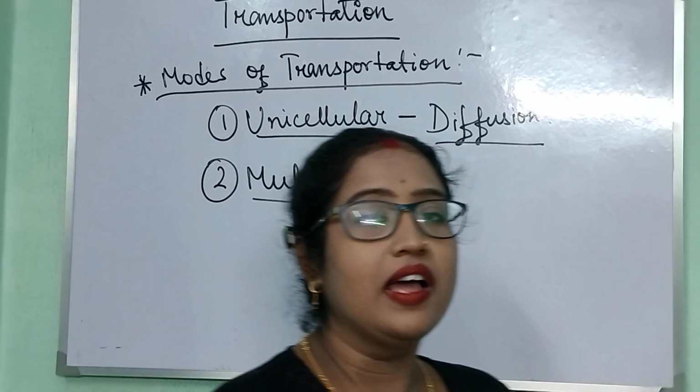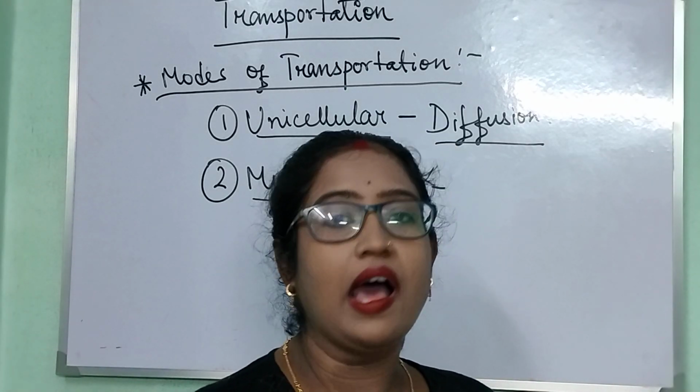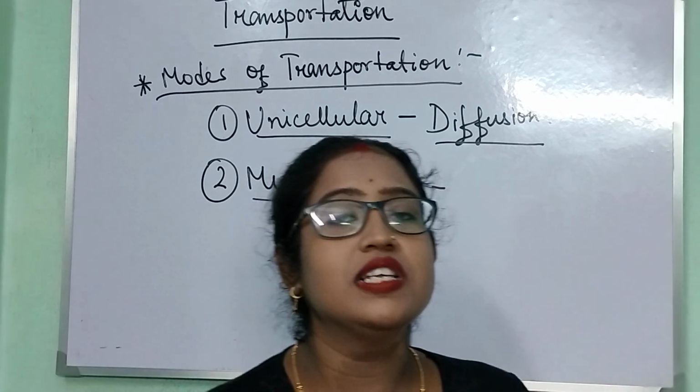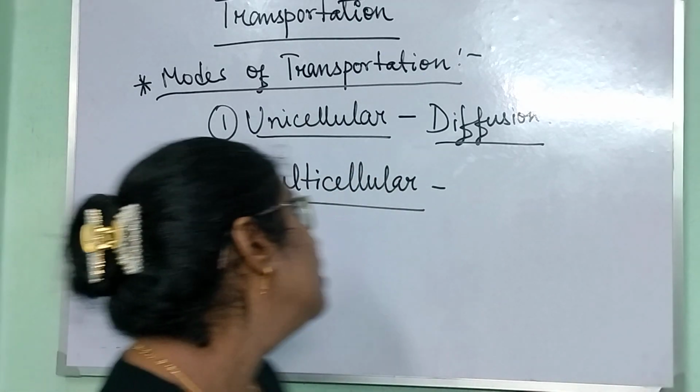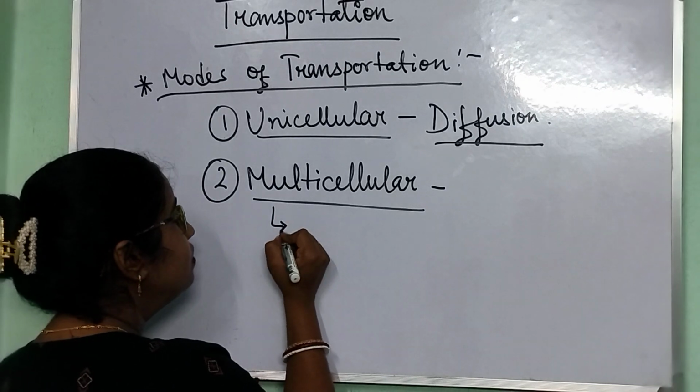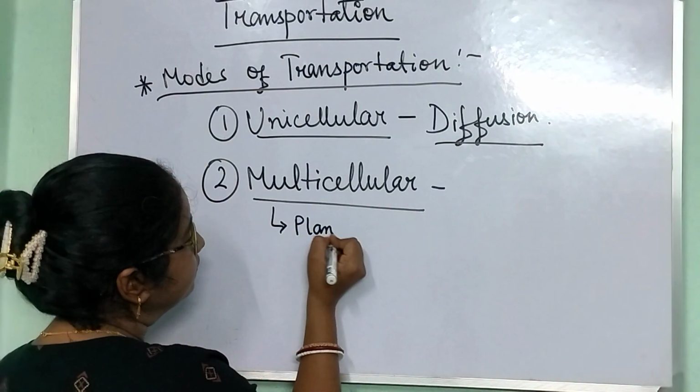Plants and animals both have a specialized transportation system.